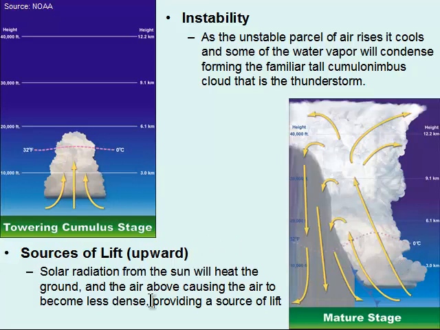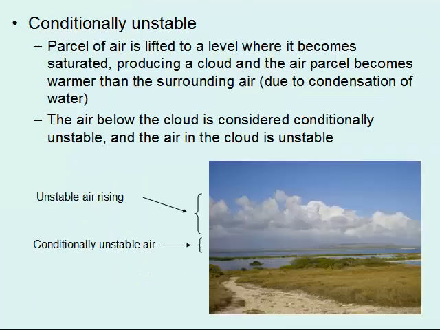The source of uplift of this air is usually solar radiation from the sun heating the ground, and the air above then heating up due to that radiant energy, and then the air becomes less dense and it rises. So that's the main type.